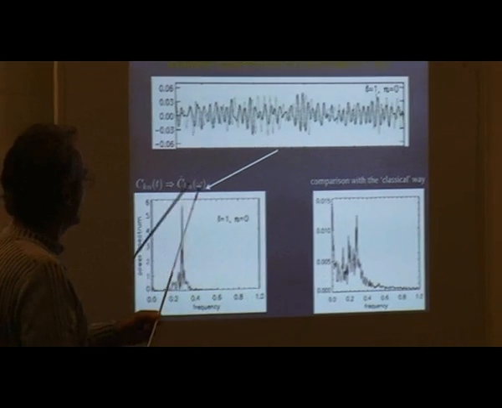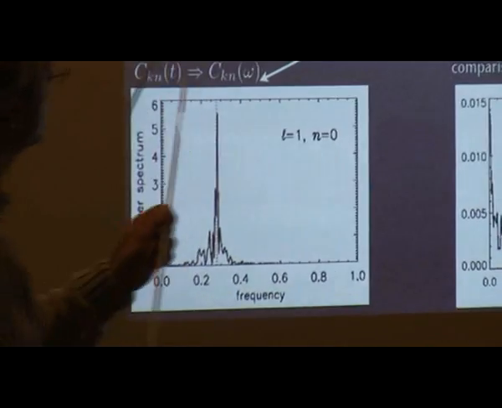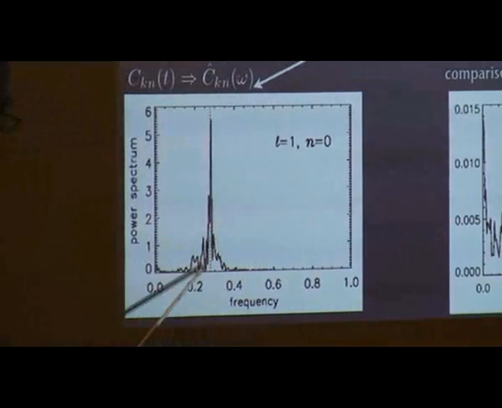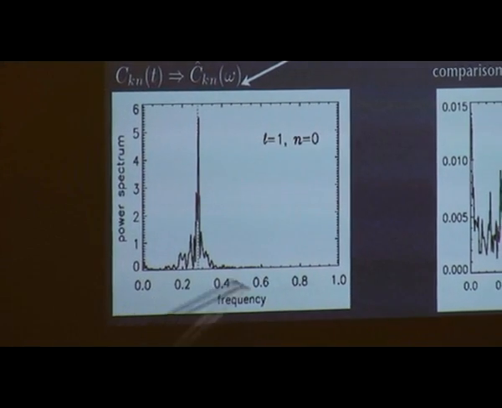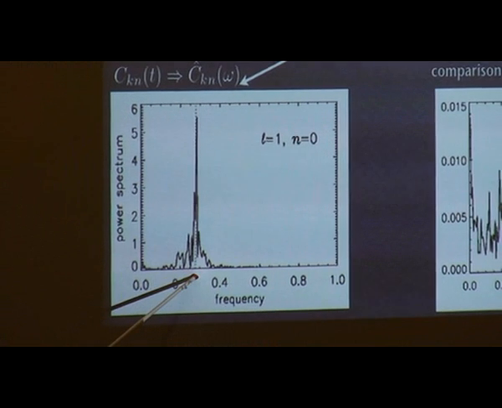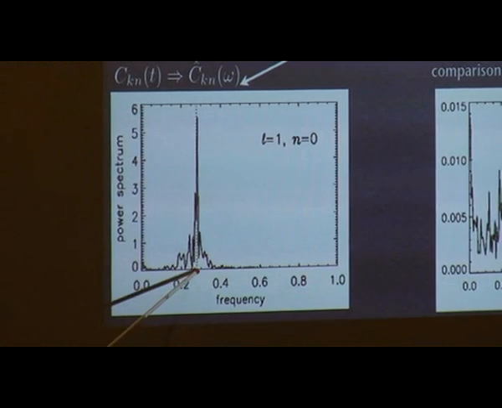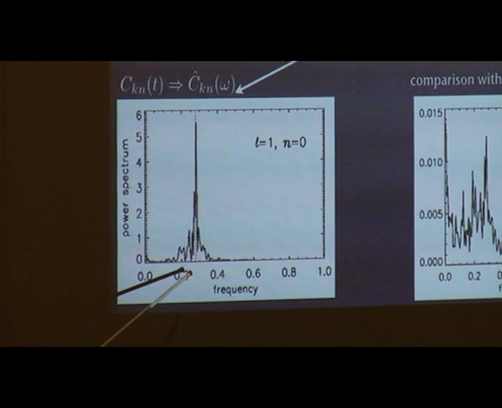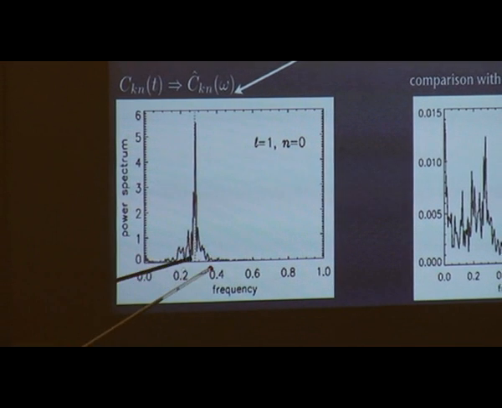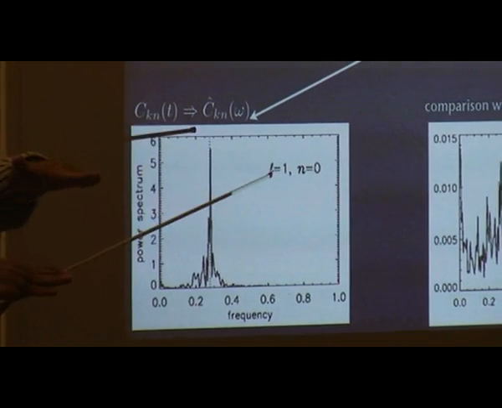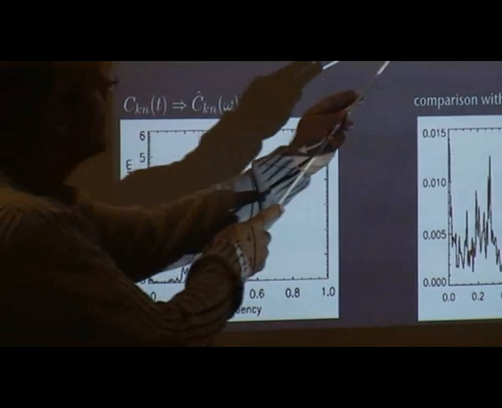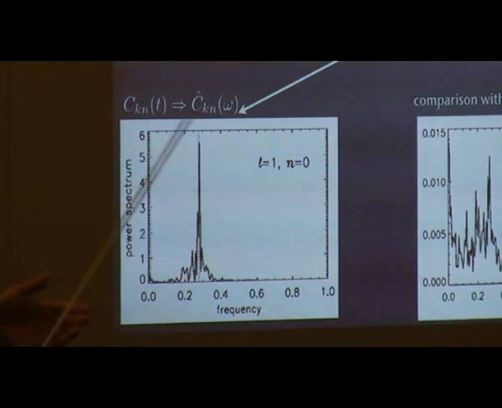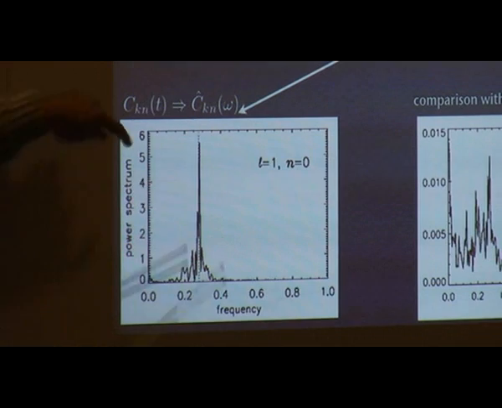Okay. So for example, if we take the Fourier transform of this signal, we get this peak. That's the power spectrum, and we get a peak which is around 0.27 in this case. And this peak corresponds to the eigenvalue of the eigenmode l equal 1 and n equal 2. So in this case, we extracted this mode in the simulation.